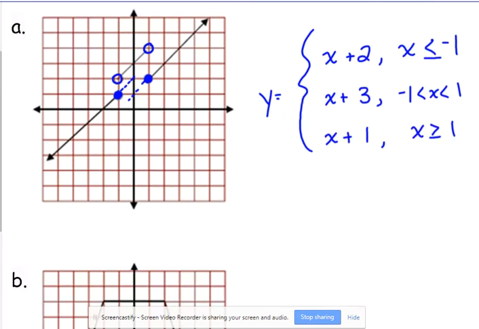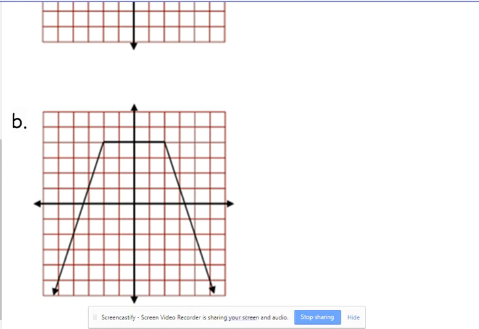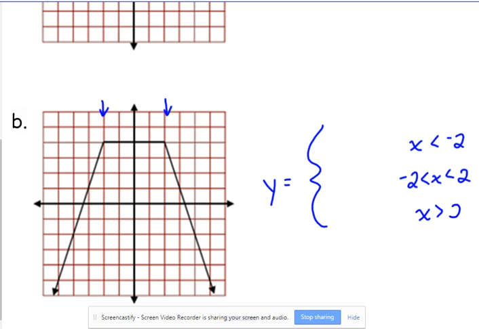Okay. One more. Let's look at this one. It changes at -2 and at +2. So x is less than -2, between -2 and 2, and greater than 2.